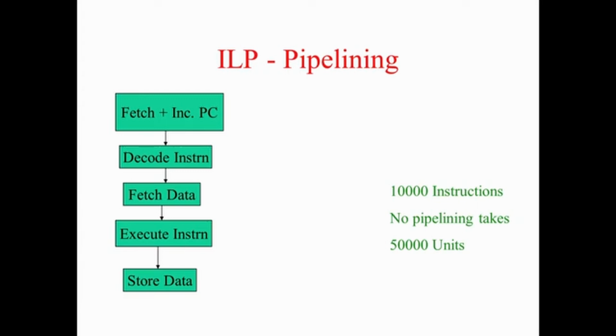So if it is in some stage i, all the remaining stages j not equal to i remain silent, correct. That means at any point of time only 1/5 of the hardware is working, the remaining 4/5 is sleeping, right.